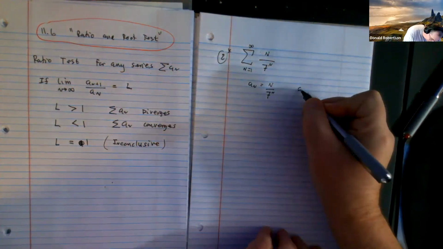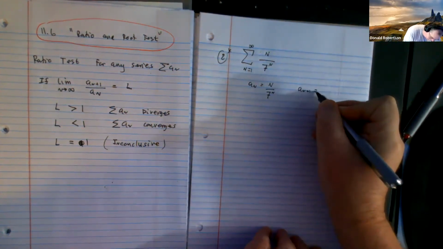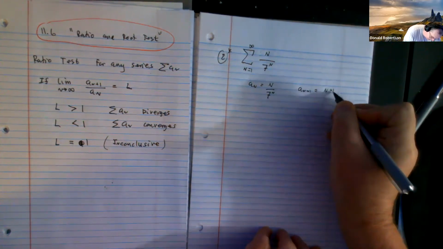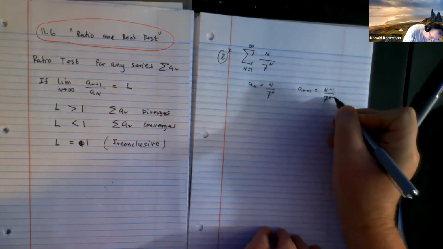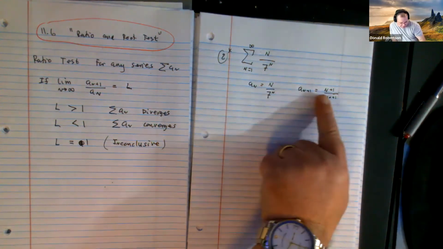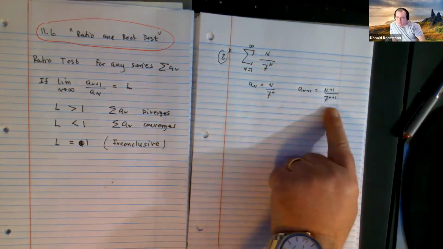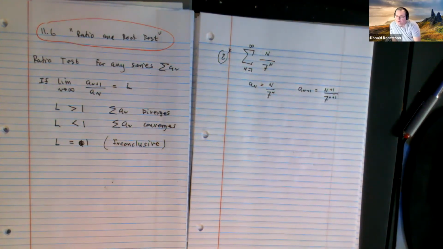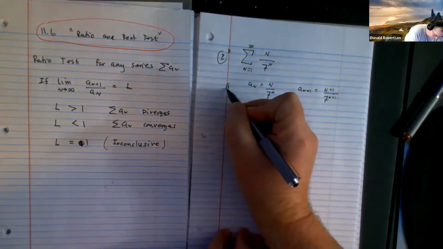And next to it, write down who a_(n+1) is going to be. Are you comfortable that that's a_(n+1)? Each of these n's gets replaced by n plus 1. So far, so good. Call that step 1.